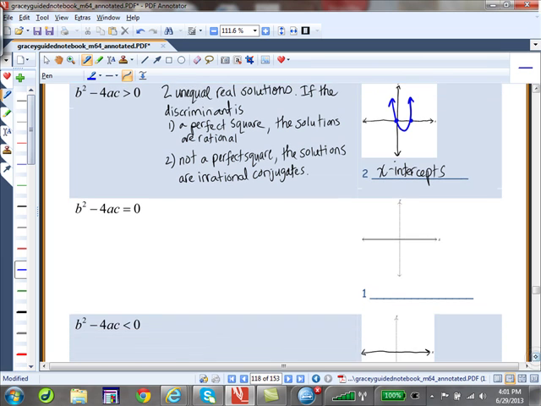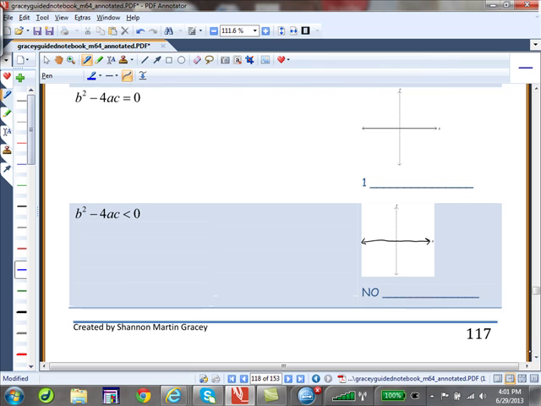Okay, now if your discriminant is exactly equal to 0, you're only going to get how many solutions? Good. You're going to get one solution, and it's actually a repeated solution. That is a real number.